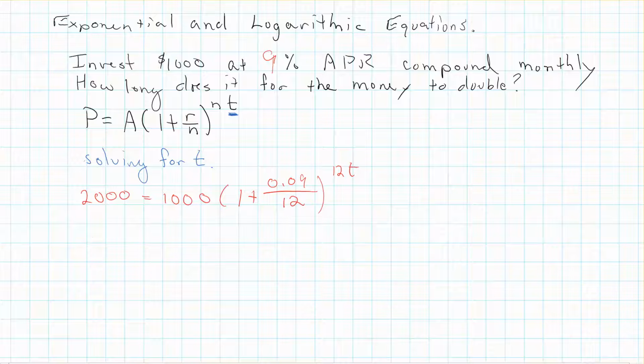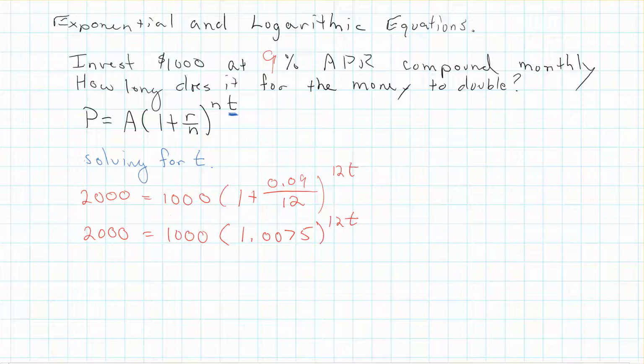So let's go ahead and write this. This would be 2,000 is equal to 1,000 times 1 plus 0.09 divided by 12, which is 1.0075. That's again why I did the 0.09, so we have a decimal that actually ends here, as opposed to repeating forever, to the 12t power. Now I'm going to solve for t.